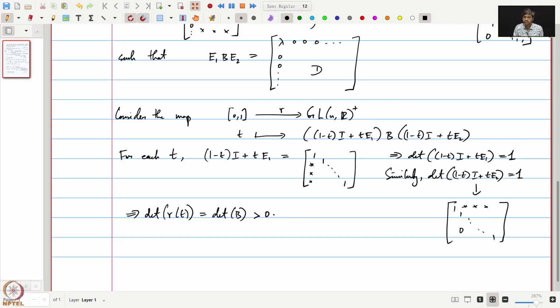Next, we want to check that gamma is continuous. Since GL n R plus is contained in M n R and has a subspace topology, it suffices to check that the coordinates of gamma are continuous.